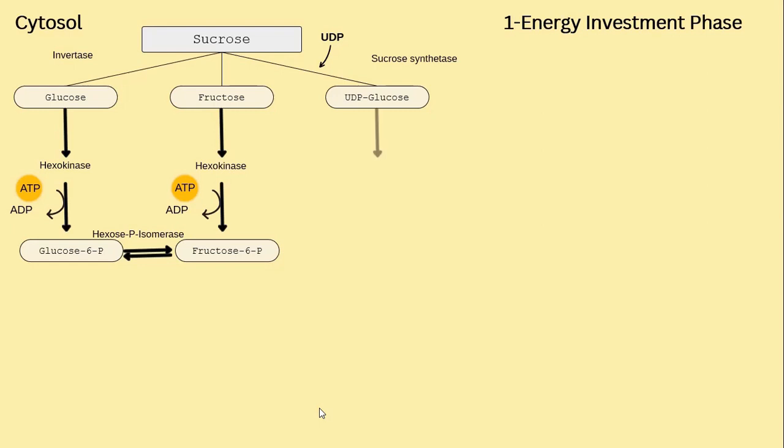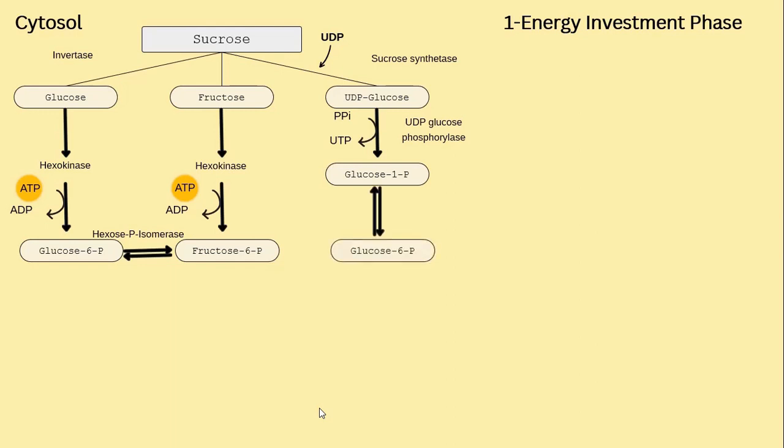Similarly, UDP glucose on the other hand is broken down into glucose 1-phosphate using UDP and the enzyme UDP glucose phosphorylase, which is immediately converted into glucose 6-phosphate by a reversible reaction using the enzyme phosphoglucomutase. Glucose 6-phosphate is again interconvertible into fructose 6-phosphate.